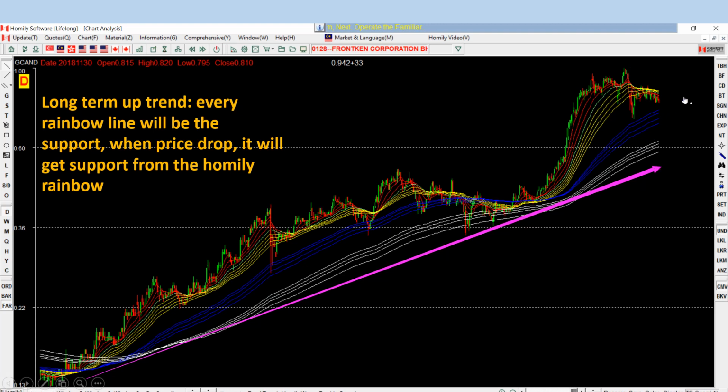Here we had mentioned that when in the top area you see the red line, the green line and the yellow line gathering, you need to be cautious. You need to watch out for the price. It might reverse for the medium term. So here it might be a medium term correction, and you need to avoid this risk.